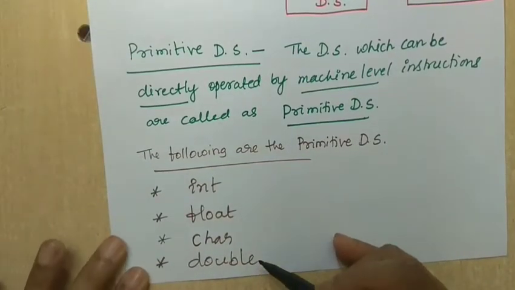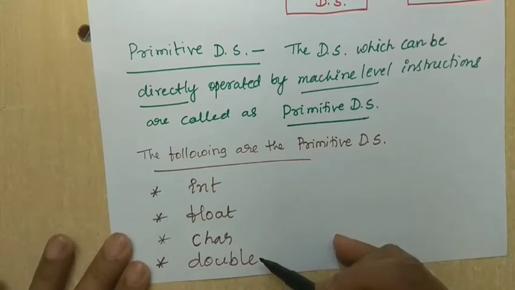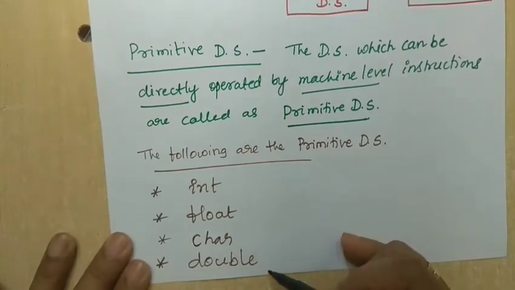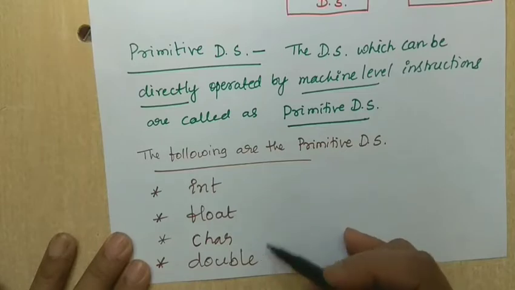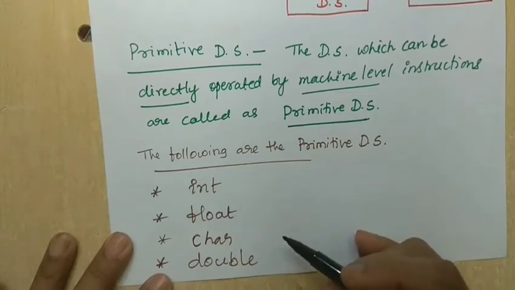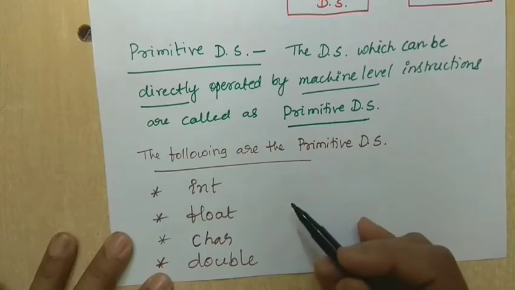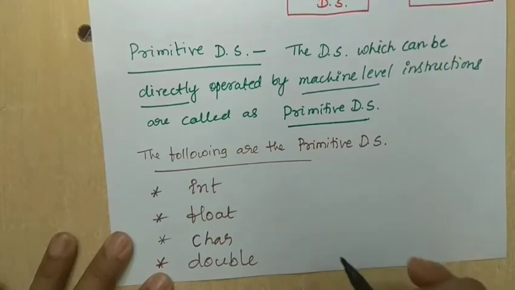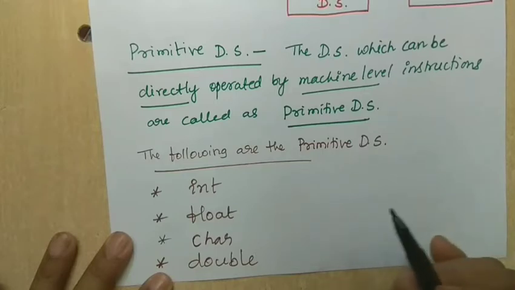These are called fundamental data types, and they are also referred to as primitive data structures. These int, float, character, double primitive data are directly operated by the machine level.